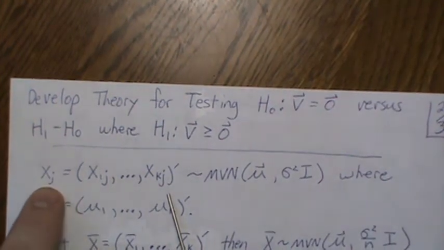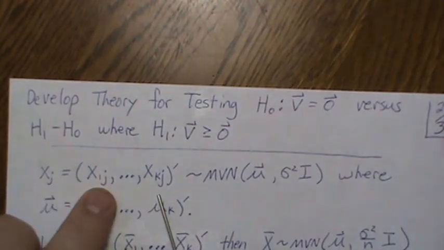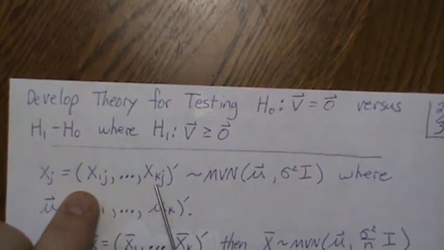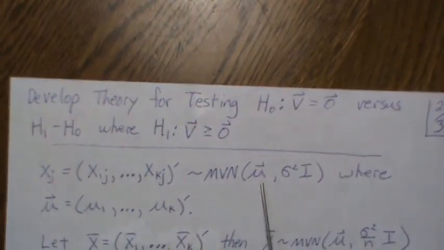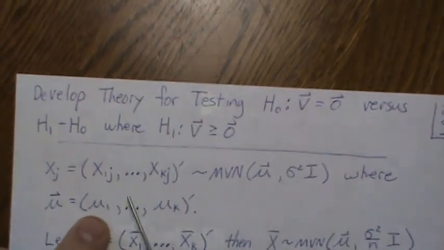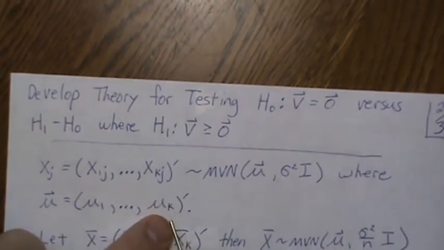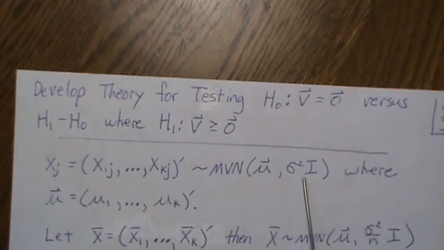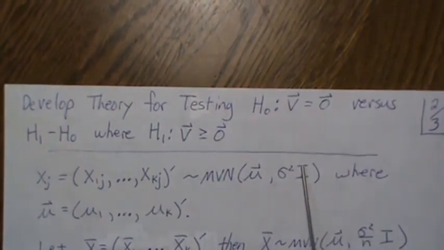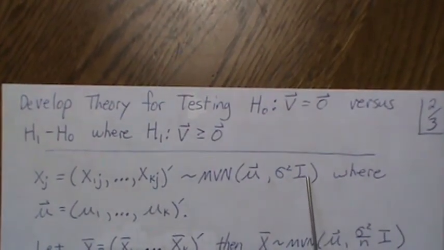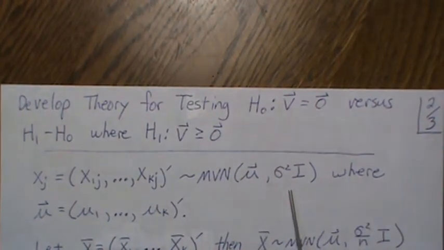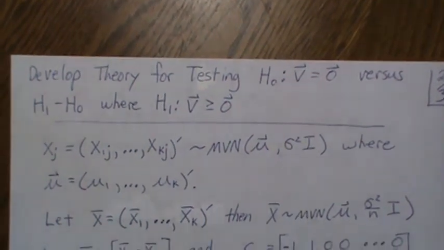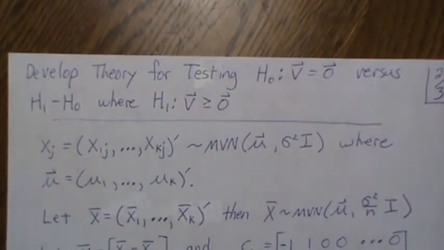So this is an observation from our experiment, but it has each treatment in this vector. Then this mean vector, of course, is the mean of treatment 1 all the way up to the mean of treatment k. Since the treatments are independent, that's why the covariances are 0. But we're going to assume there's a common variance between the treatments.